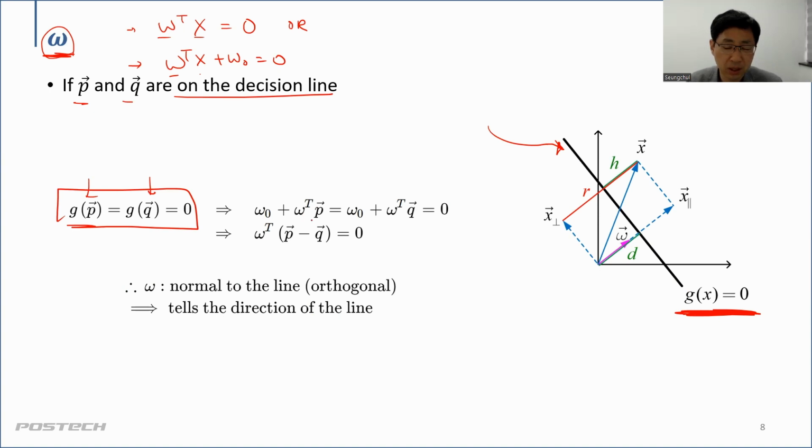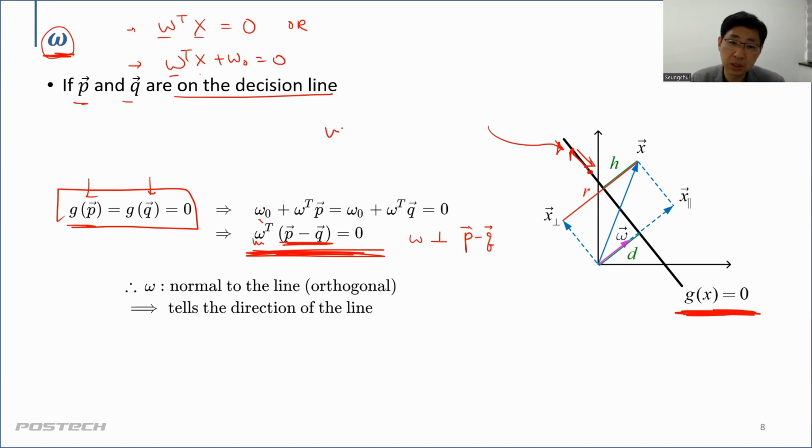We do some math and reach this point: omega transpose times (P minus Q) equals zero, where P and Q are any points, it doesn't matter which. The vector P minus Q is parallel to the line that we have. This means that omega is orthogonal to the P minus Q vector.